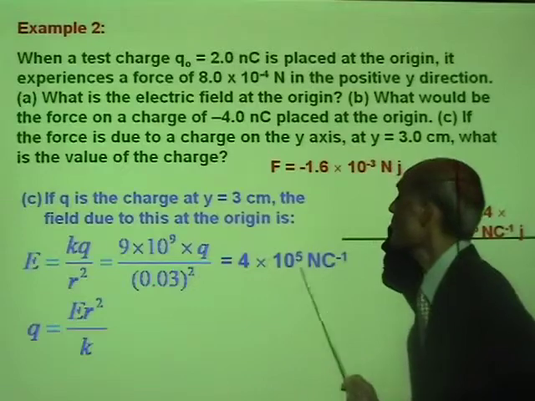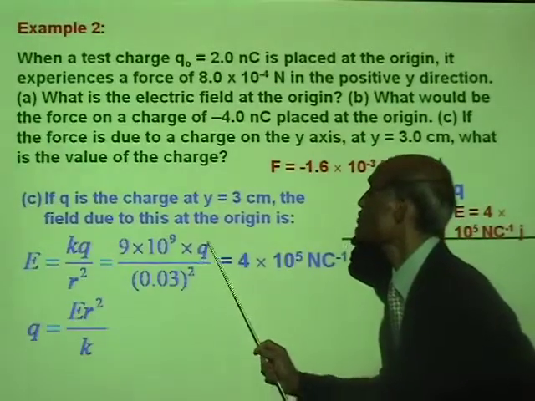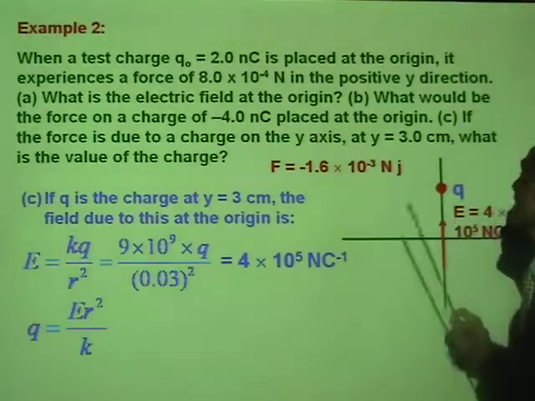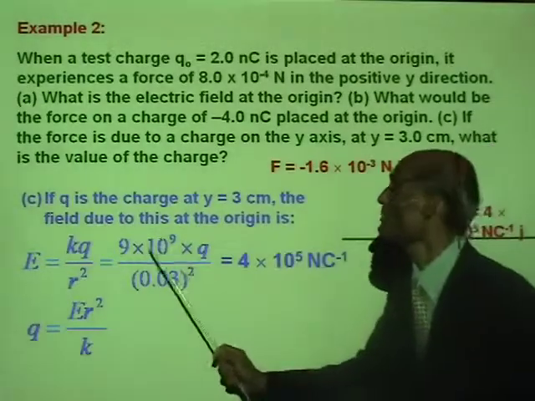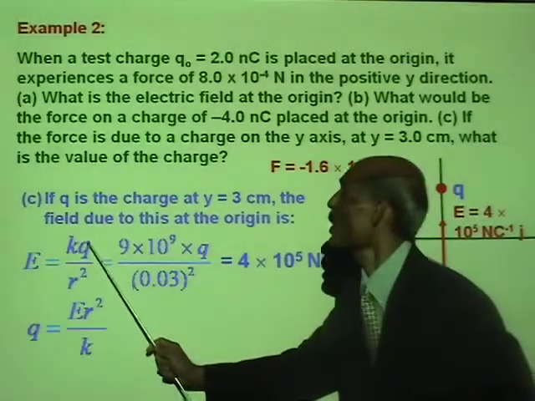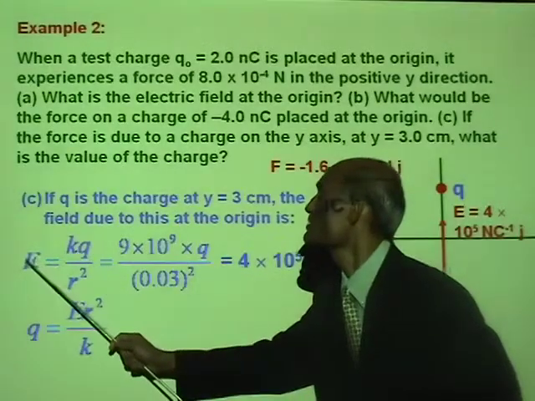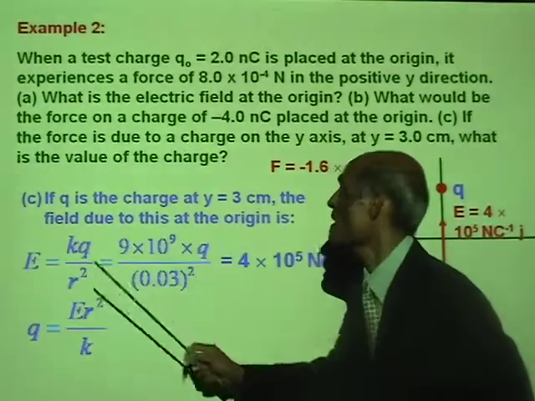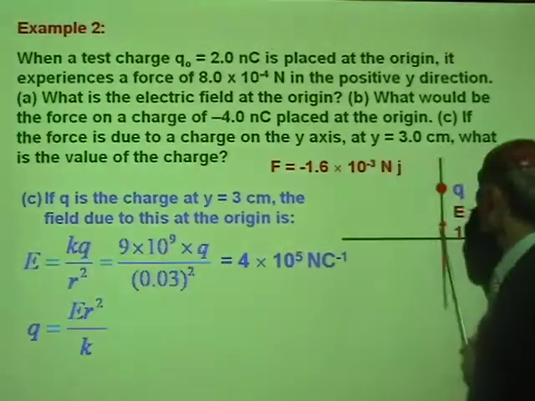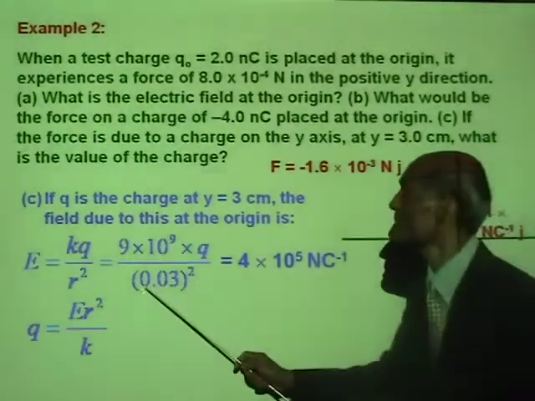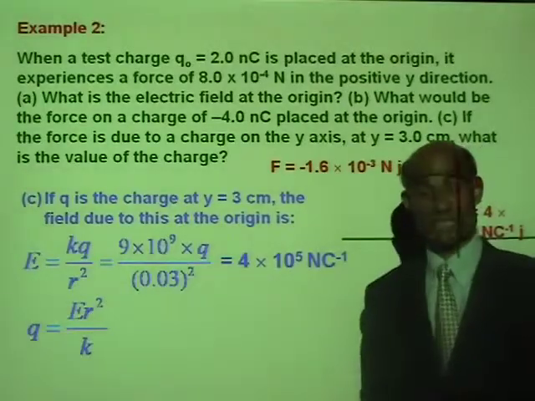And that electric field is produced by this charge Q placed at y equal to 3 centimeter. Now, therefore we can now solve for that Q. Q equals ER squared over K, and E equals this, R equals 0.03, well, that is 3 centimeter.